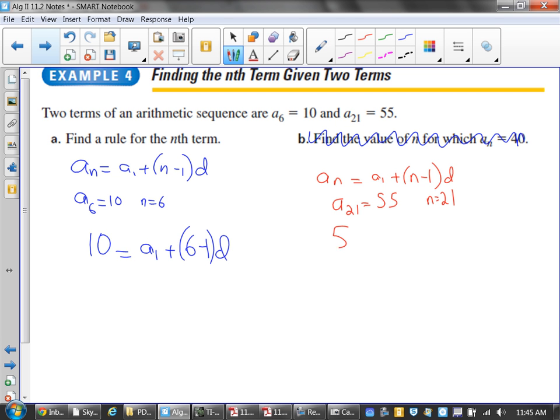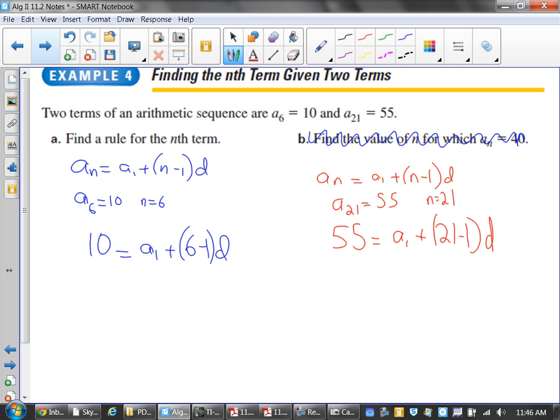I now know that 55 is first term plus 21 minus 1 times the difference. How many equations does that give me? How many variables does that give me? Well, two different variables, which means I wind up with a system of equations. Ugh.